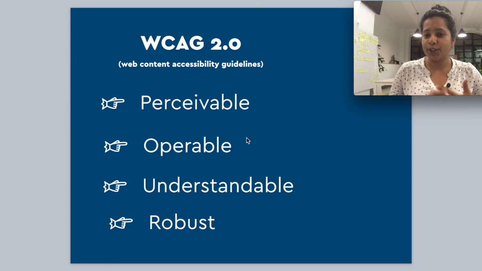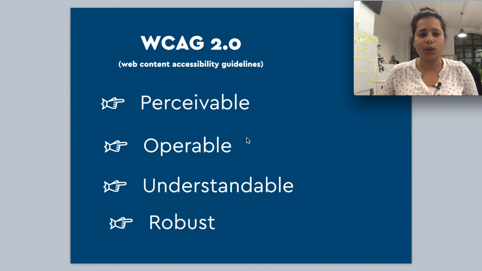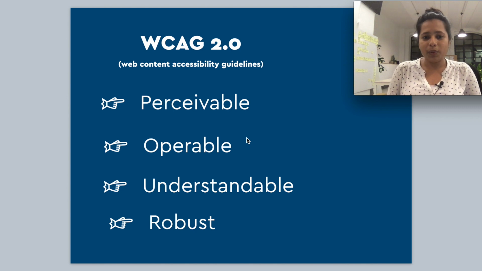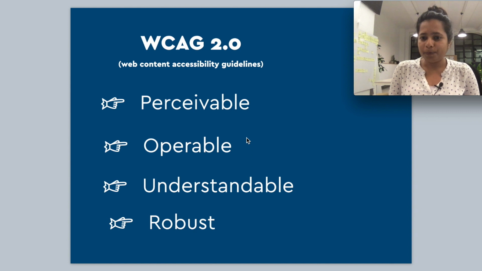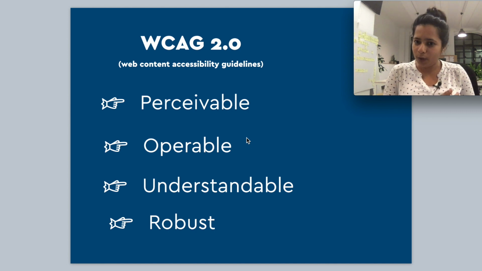Accessibility is really huge and the user base is diverse. There are different use cases with different people with disabilities to be considered, right? So we need a roadmap which can guide us to make our application accessible. For that, let's make use of the WCAG 2.0 guidelines, which is nothing but Web Content Accessibility Guidelines 2.0.